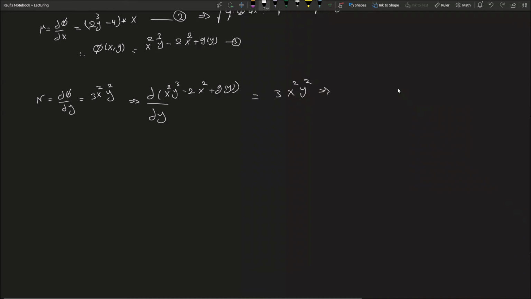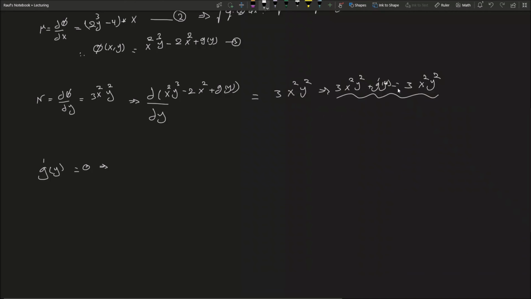In this case we can say 3x squared y squared plus g prime of y equals 3x squared y squared. Putting g prime of y on one side of the equation, we can say g prime of y equals 0.